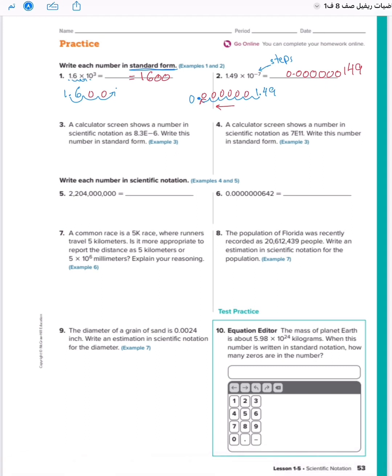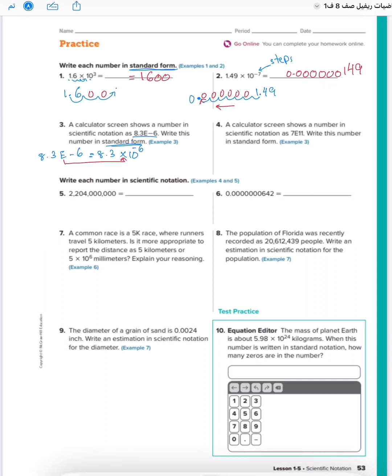Okay, let's see question number 3. The calculator screen shows a number in scientific notation. They wrote it like that. Write this number in standard form. So what does that mean? 8.3 E minus 6 is the same as 8.3 times 10 power minus 6. Okay, E means times 10. So this is scientific notation, and they want standard form.